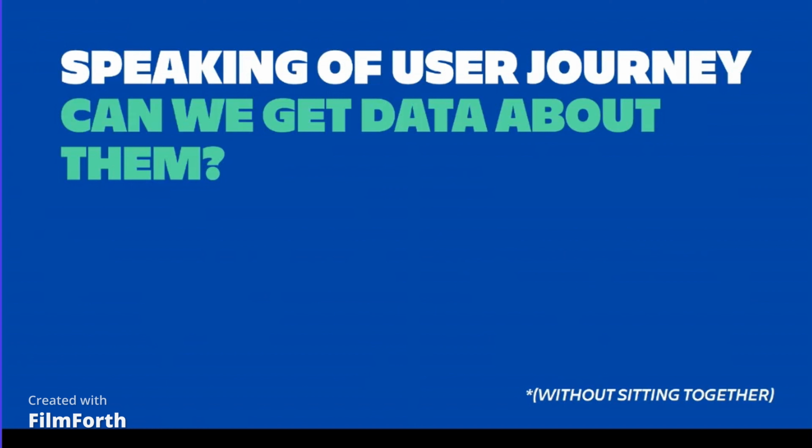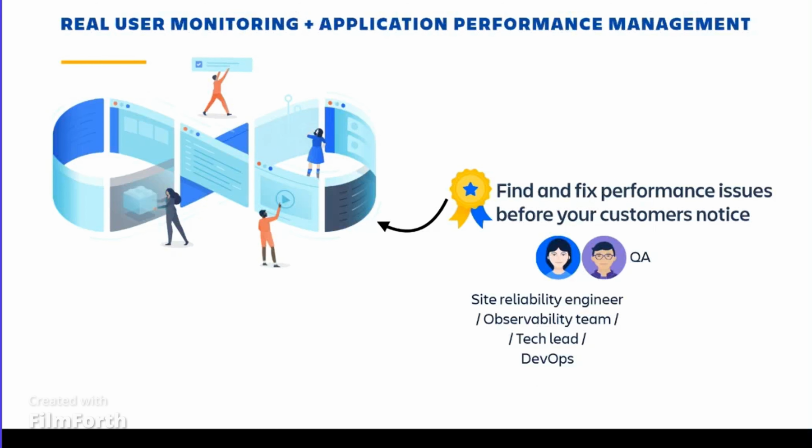So I've mentioned that we sit with some end user, right? But I hope in your companies you have millions of end users, right? I hope you get to that range. And it's very hard to sit with all of them. So can we get this data in a different way? Yes, we can.